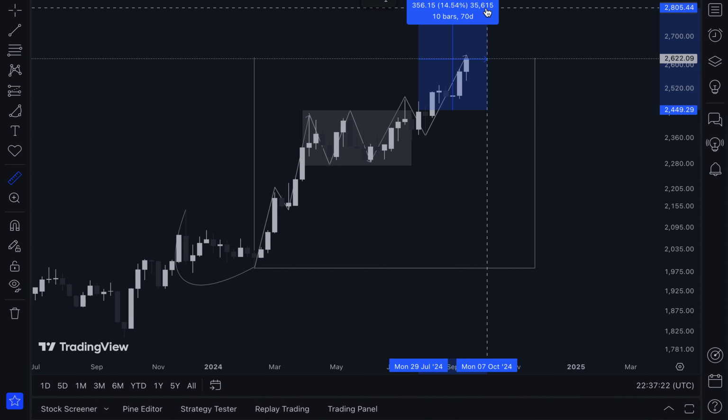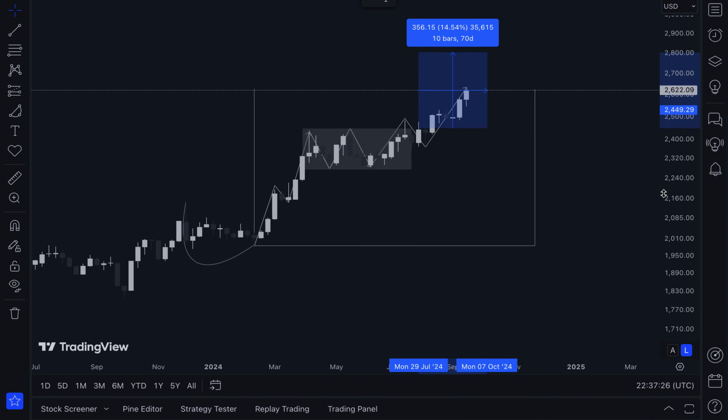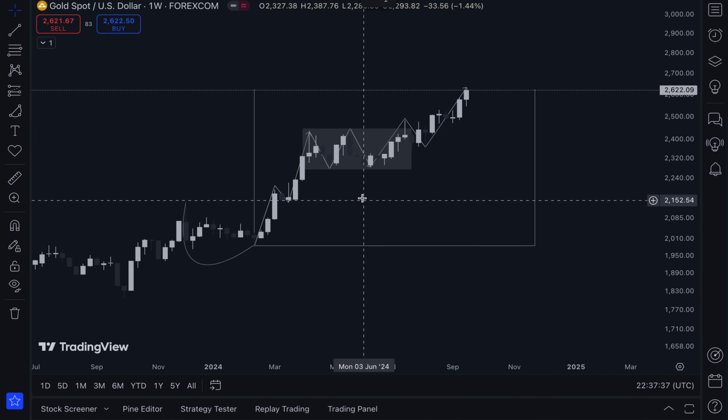Hence, I had predicted in the previous videos that price will reach the $800 mark. This is how I did it. It's not voodoo, it's not science, it is just common sense. So, look at it again.